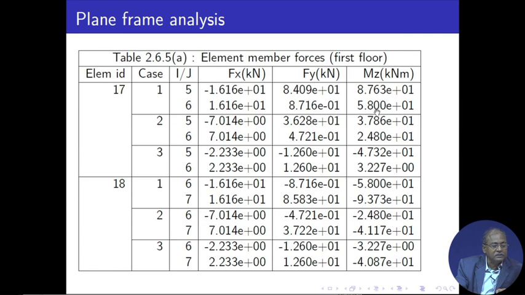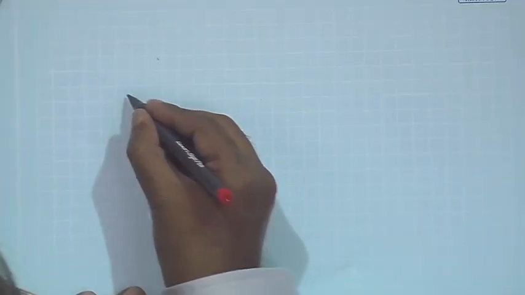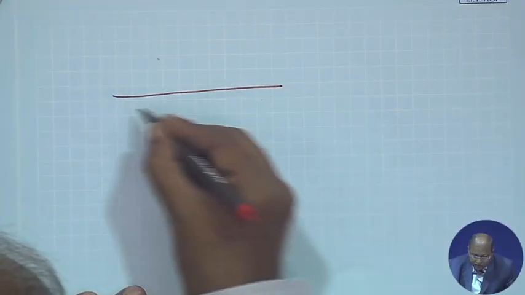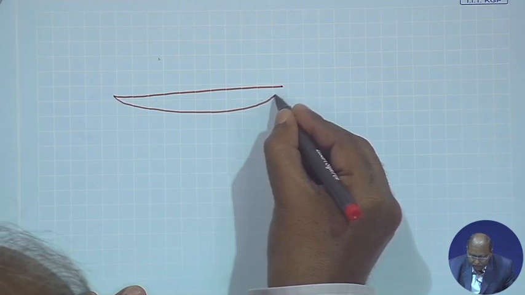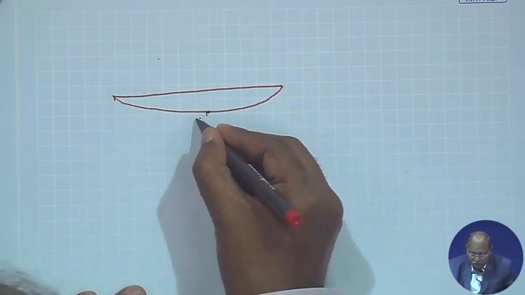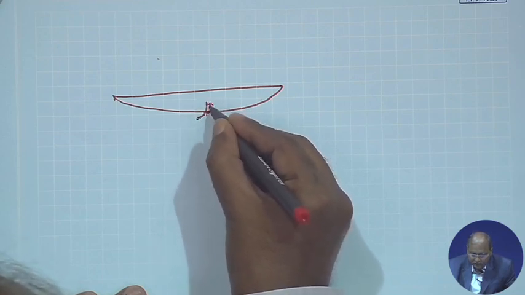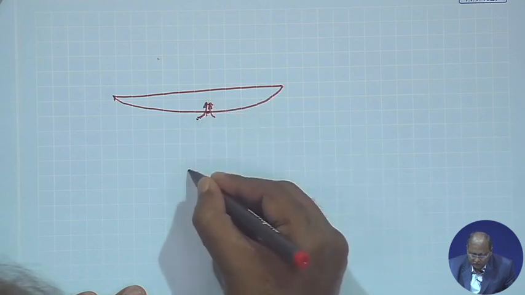So, here you see the span moment for node number 6 of element number 17 and node number 6 of element number 18 have the same value, but opposite. Why opposite? Because of the bending moment direction, one side acts this way and the other side the other way.